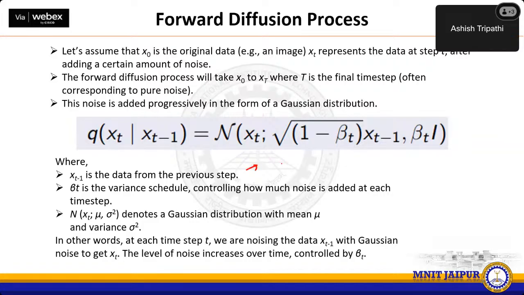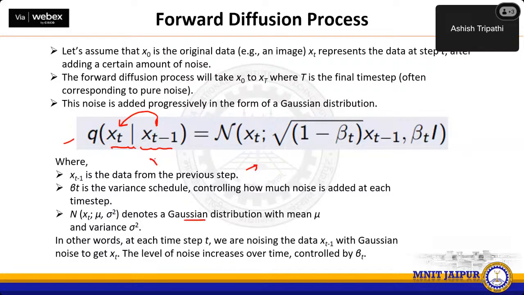This step of adding the noise is somewhat similar to a Gaussian distribution. We use normal distribution or Gaussian distribution to add the noise. So you just see the equation q of xt given xt minus 1. That means given xt minus 1, I want to get xt.